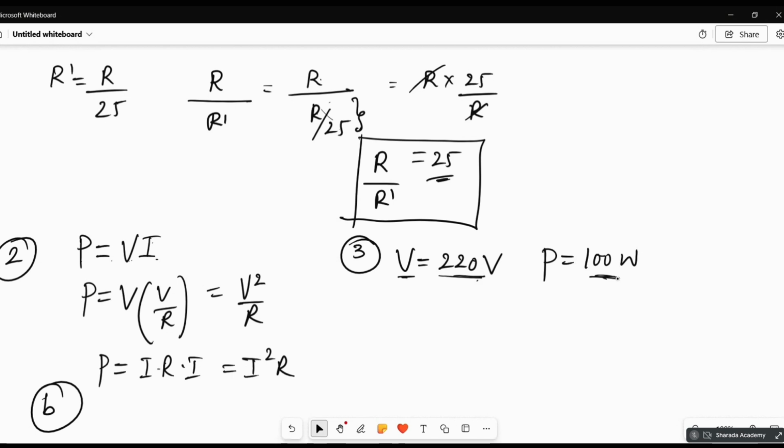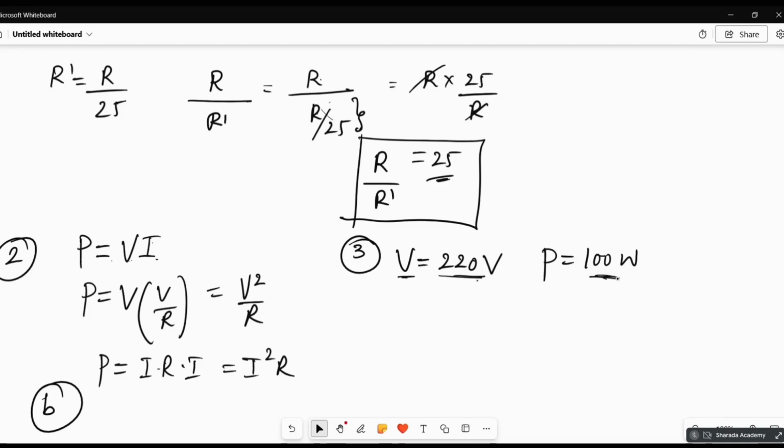Now, in any setup, this is important, the resistance will be the same. When voltage increases, current also increases correspondingly, so resistance is the same. Voltage decreases, current also decreases correspondingly, resistance does not change.